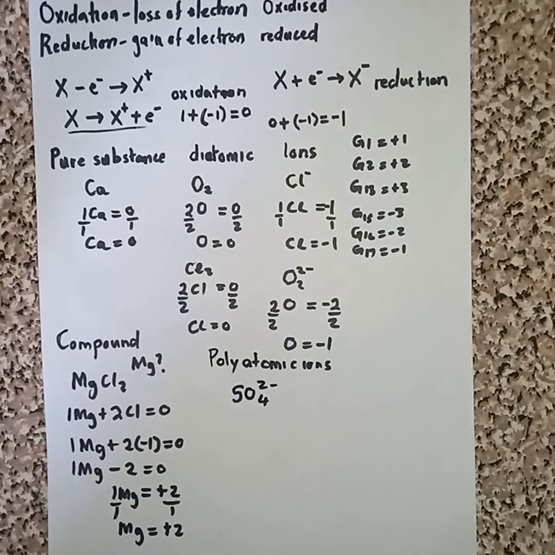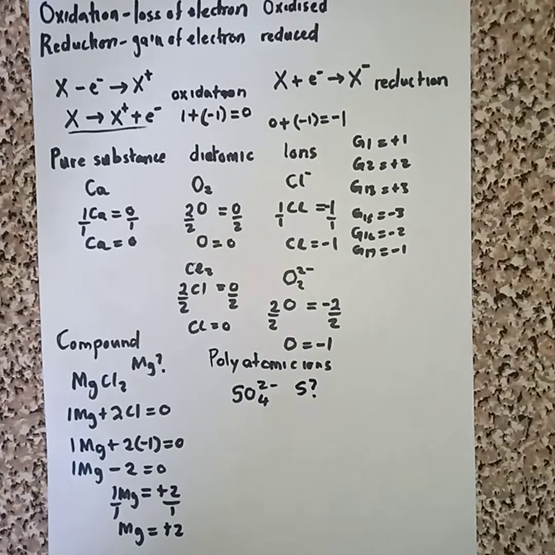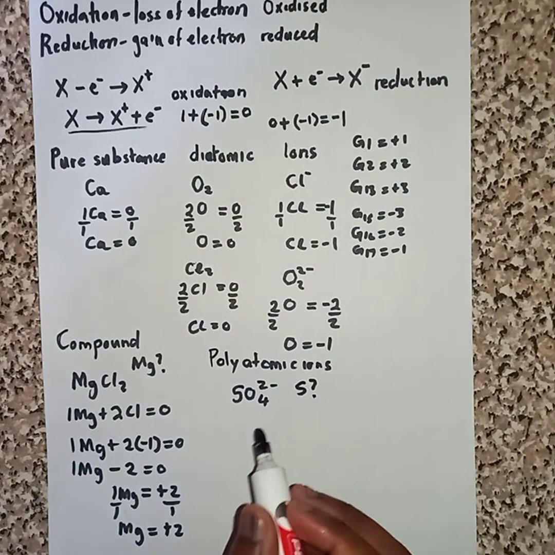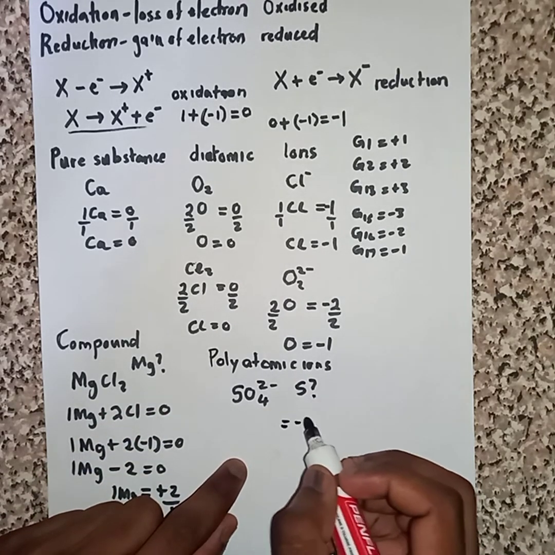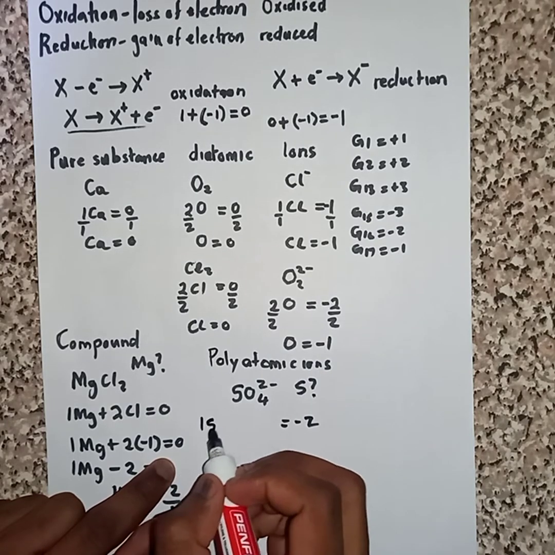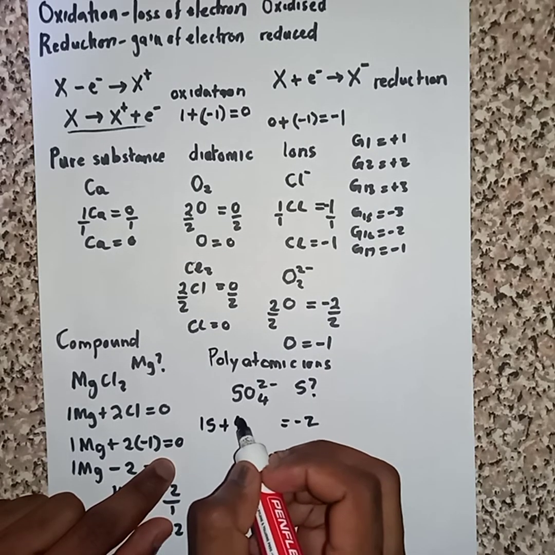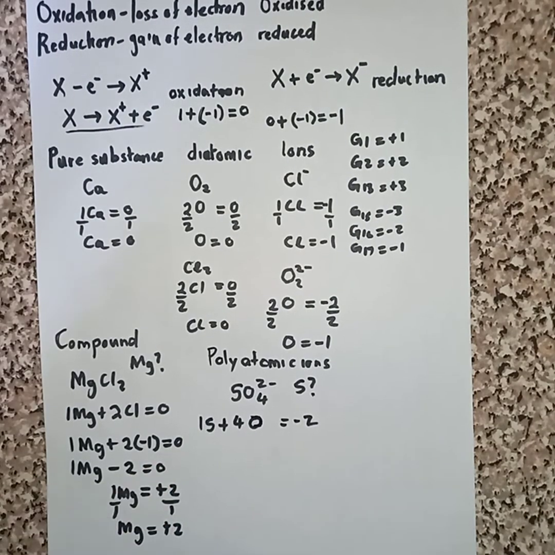Then you come across this, and they want you to find the oxidation number of S. How are you going to do this one? Same principle. You consider the overall charge, which is -2. Then I only have 1 S plus 4 O's.